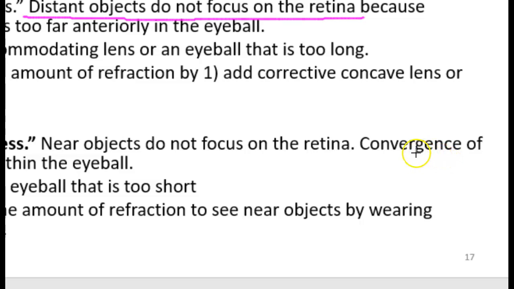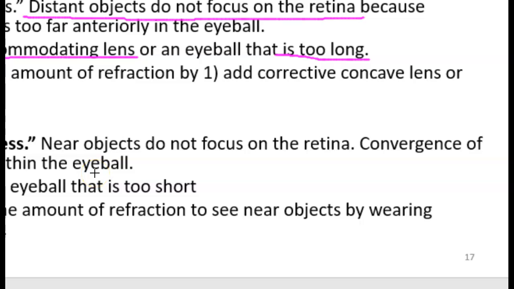That's usually because the rays converge too close to the lens. The cause of this can be a thick lens that's not very good at accommodating and becoming thinner, or an eyeball that's too long.